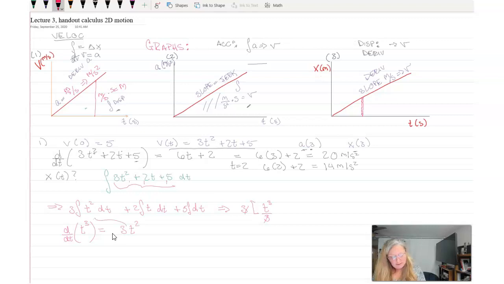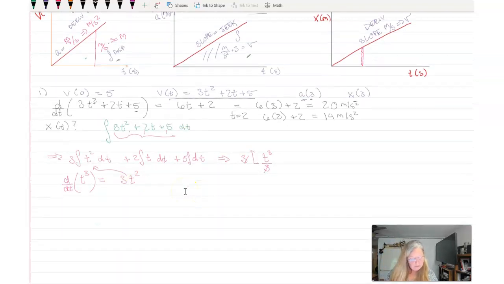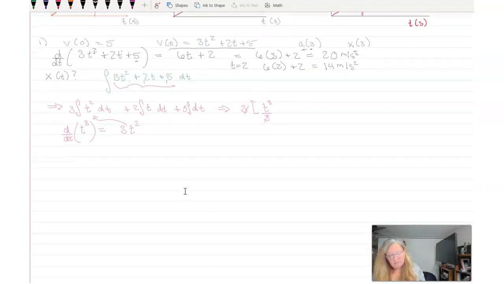So that is indeed the same thing we started with. So that is that one piece. So t cubed is going to be my first expression.